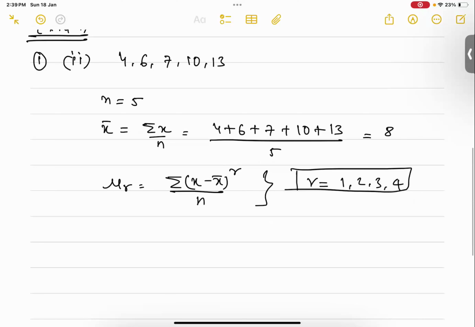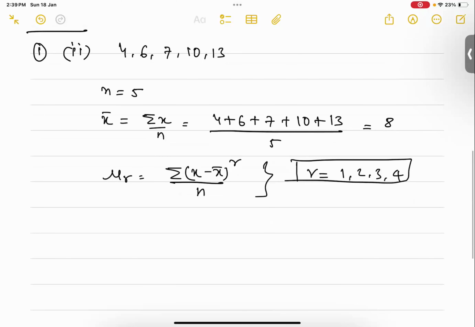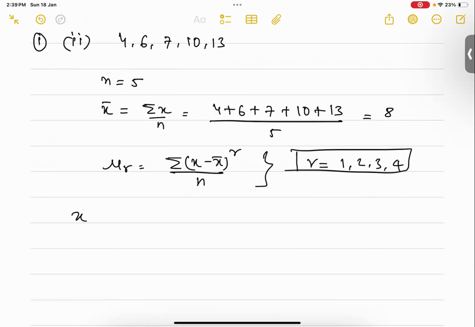X: 4, 6, 7, 10, and 13. Why do we take r as 1, 2, 3, 4? Because it's the first four central moments. So in this formula, put r is equal to 1.